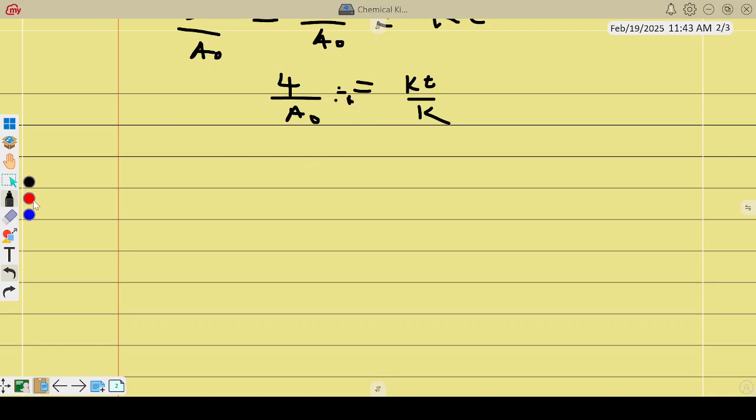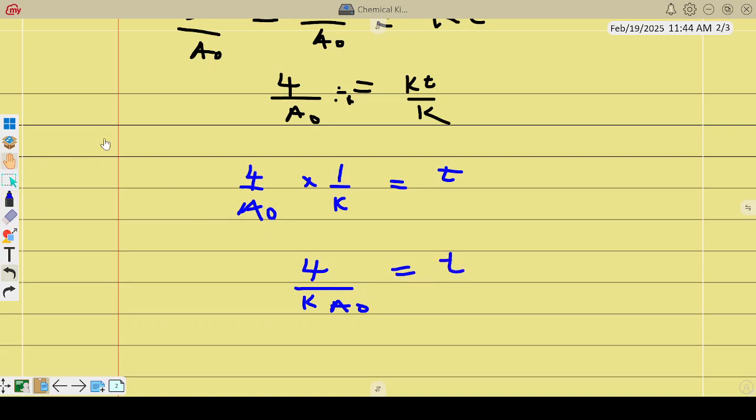So it means we're going to have 4 over a naught times 1 over k. Yeah, so here we divided by k, so meaning it was over 1. So this will be equal to t, and then from here we can multiply. We're going to have 4 over k and a naught, it's equal to time.